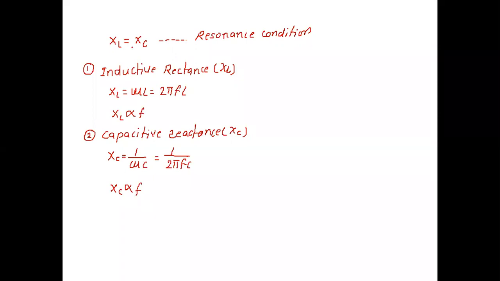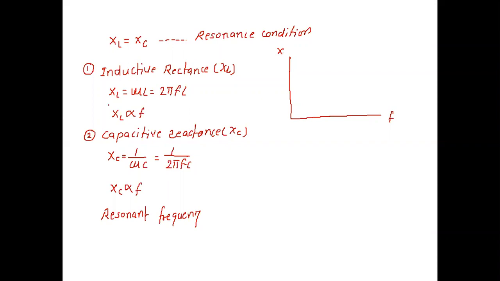And when XL is equal to XC, it means that at one particular frequency, these two components are equal, and that frequency is called the resonant frequency. What we call? It's a resonant frequency. Now, how do I draw that graph here? Suppose I try to draw the graph, see here, frequency versus X component.